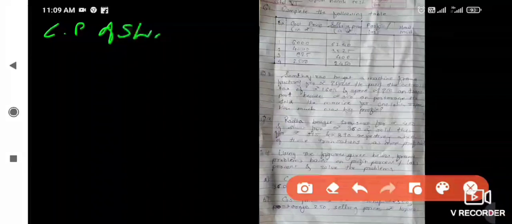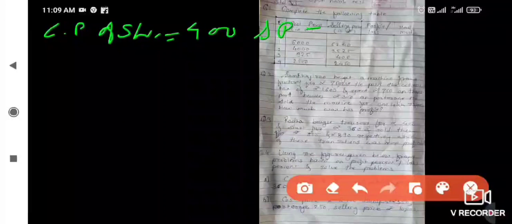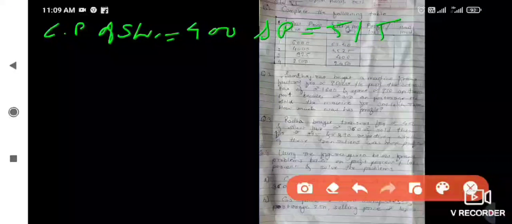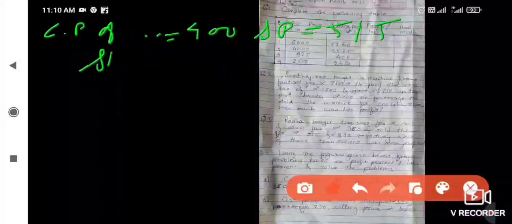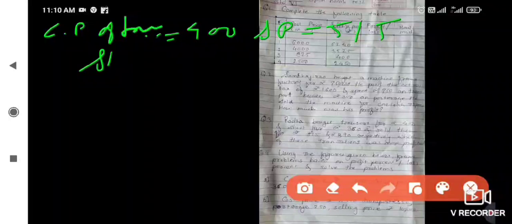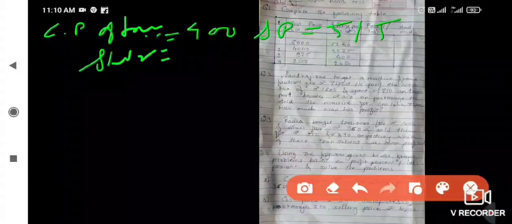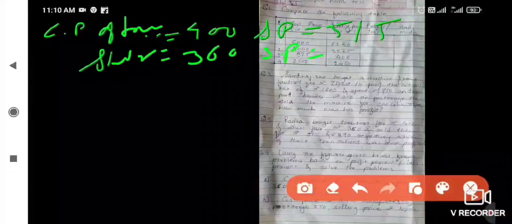So in this example, CP of trouser is equal to 400, and SP is equal to 515. Similarly, CP of shirt is equal to 360, and SP is equal to 390.